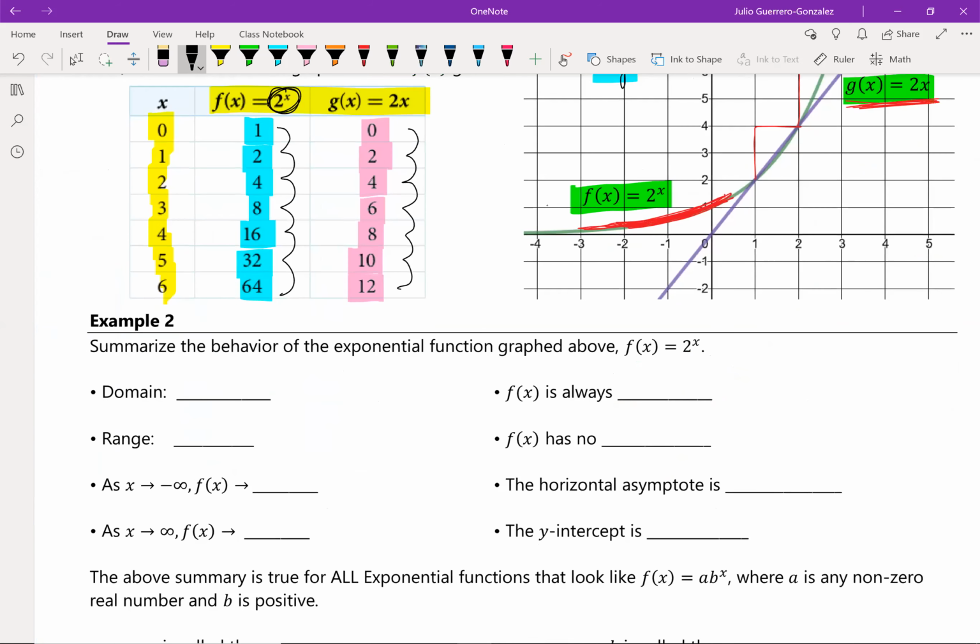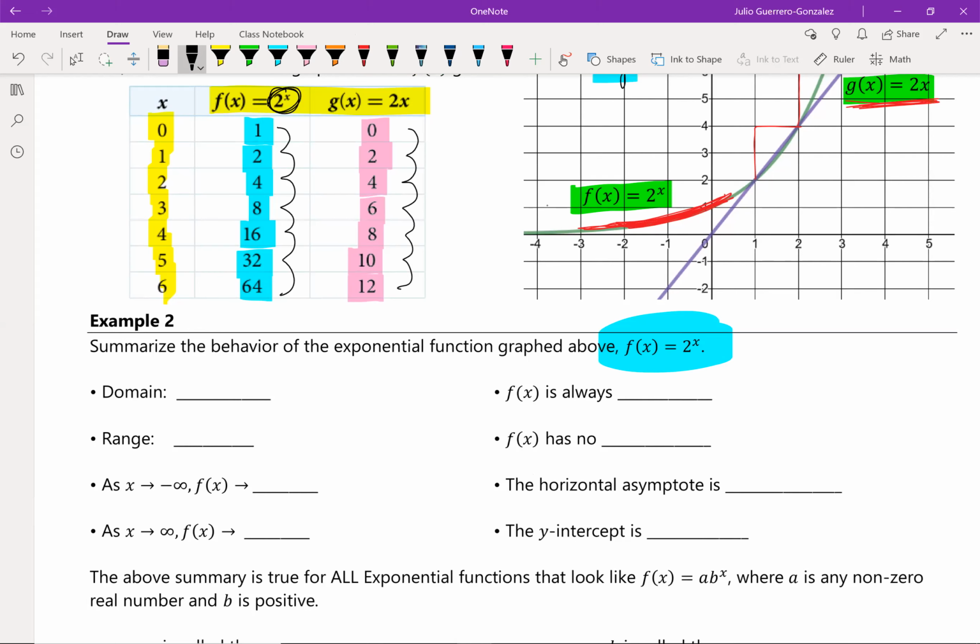Let's summarize a couple things for them. What does it look like my domain would be for f of x, for 2 to the x? What are the two things that we need to check for a domain? You can't divide by 0 or have a negative in a square root.